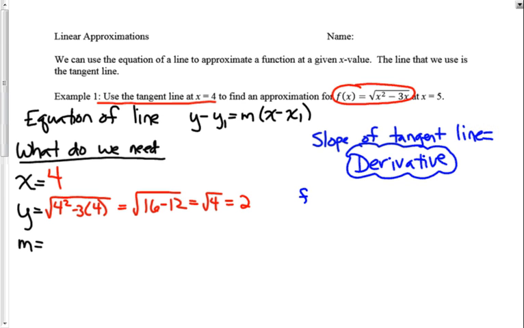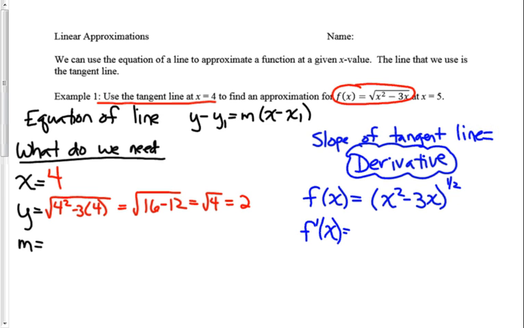So my derivative is going to be, oh wait, let me rewrite my function first. Let's rewrite my function in calculus-friendly terms first. x squared minus 3x is really raised to the 1/2. Now I can find my derivative using my power rule and my chain rule.